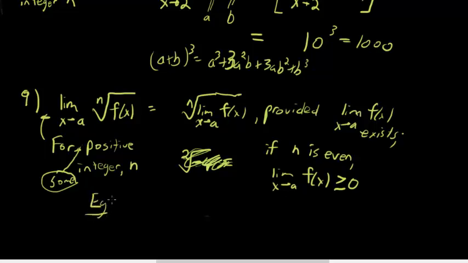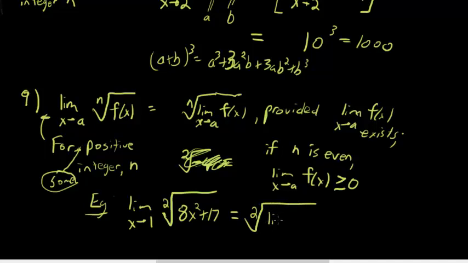The example we'll look at is the limit as x tends to 1 of the square root of 8x squared plus 17. So here, I'll just put a 2 here to make that clear.